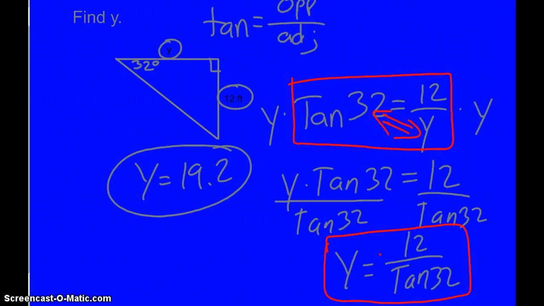If you look down here, you have y tangent 32, tangent 32 y. They traded places in the problem. That's what the algebra does. When we do the work for that, the algebra makes those trade places. So if you want to use that as a shortcut, you're more than welcome to. Anytime the variable ends up on bottom, your solving steps are going to lead to you punching in the calculator 12 divided by the tangent of 32.